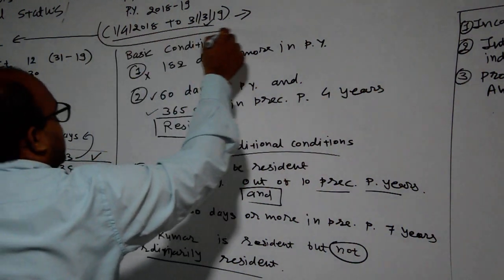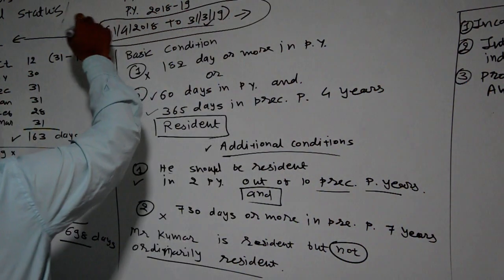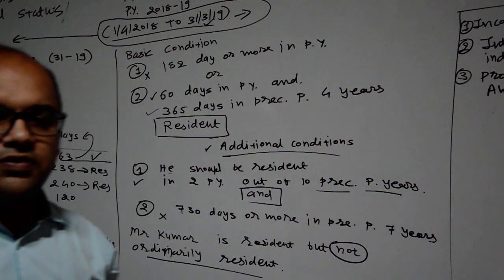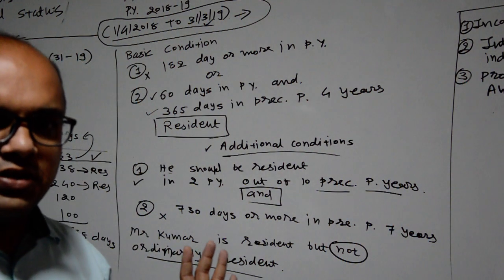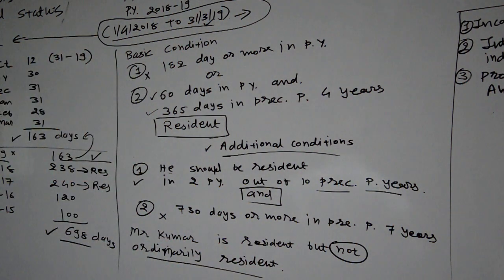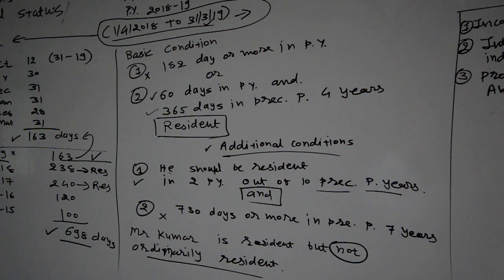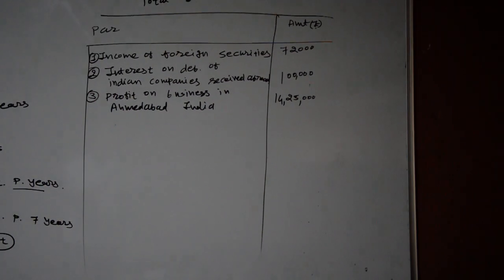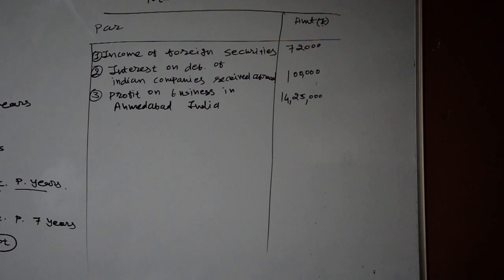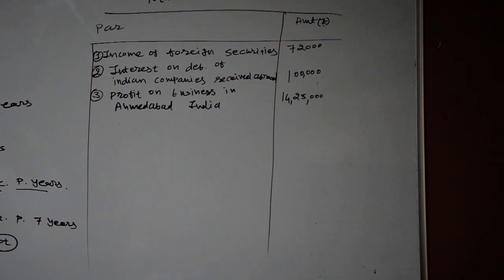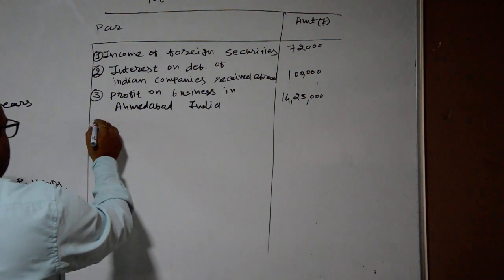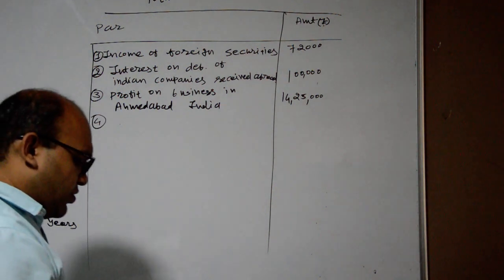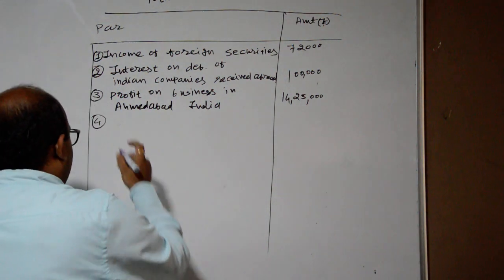If income is earned in this time period, then and only then we will consider it taxable income. So you have to consider only this, that this income will not be taxable because it was earned in previous years. It is tax free income. So here we will not write anything.